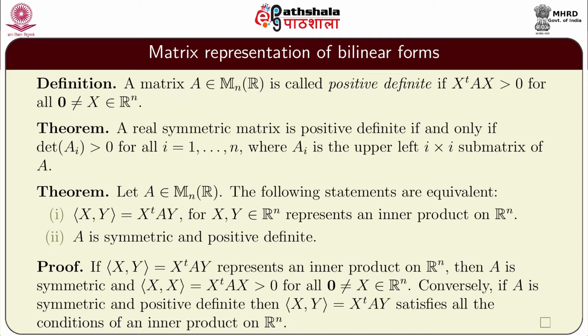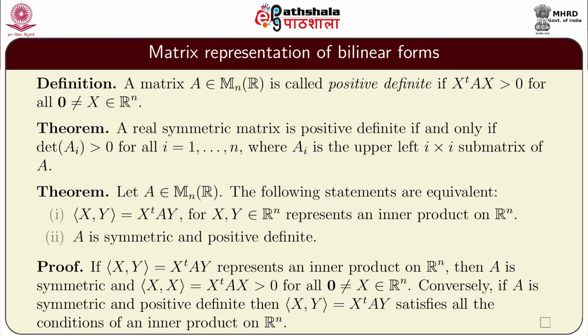Now a theorem: a real symmetric matrix is positive definite if and only if the determinant of A_i is positive for all i equal to 1 to n, where A_i is the upper left i cross i submatrix of A. This is a very important theorem which characterizes positive definite symmetric matrices, and this is very useful when we try to understand the symmetric bilinear forms.